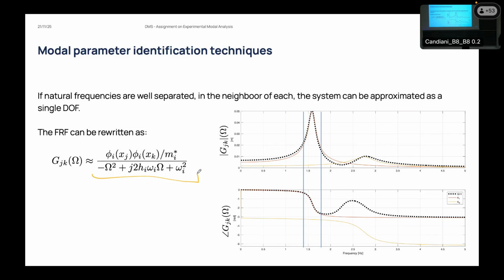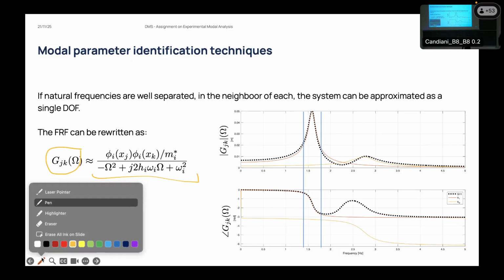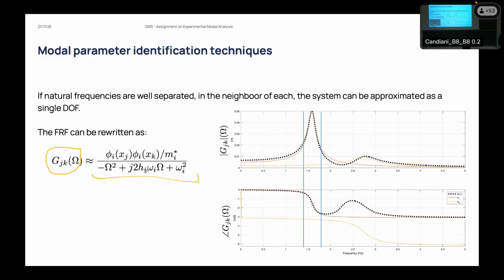The point is that in the experimental modal analysis, we are going to measure, or better, to estimate from measurements, G_jk of capital omega. What we want to obtain from measuring or estimating from measures the frequency response function is to obtain H_i, omega_i, and information about the mode shape number i.